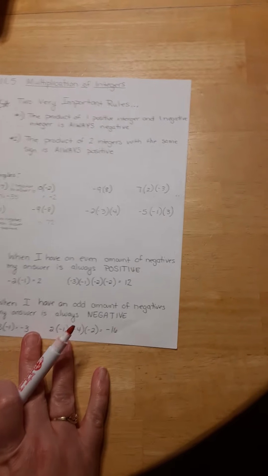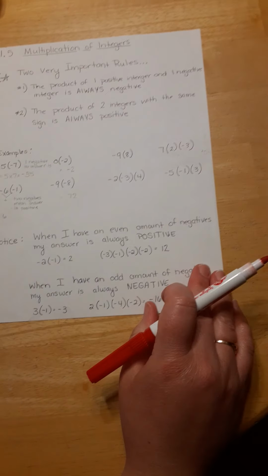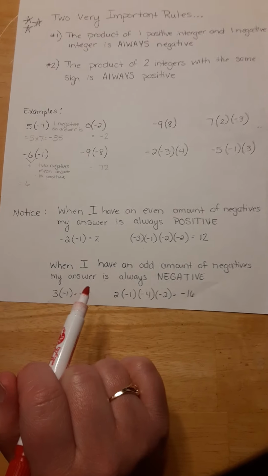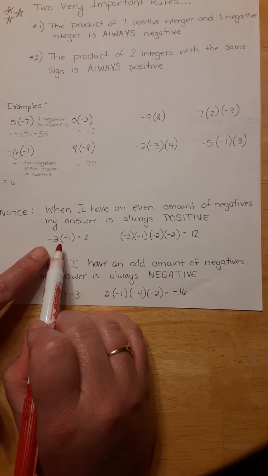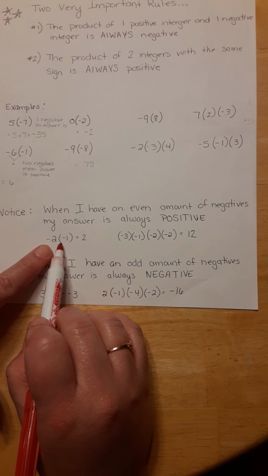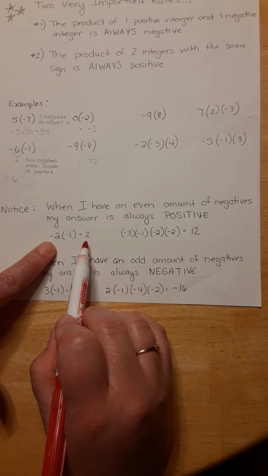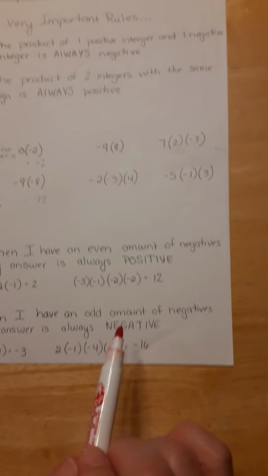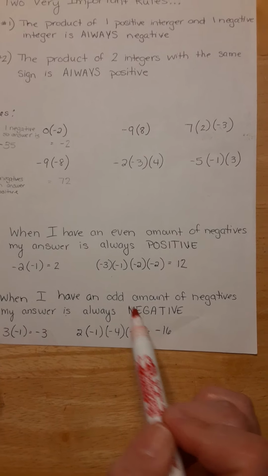Okay, so did you notice something as we were doing our problems here? This is what I want you to catch. When I multiply two negatives, my answer was positive. There is a correlation or a pattern that happens.